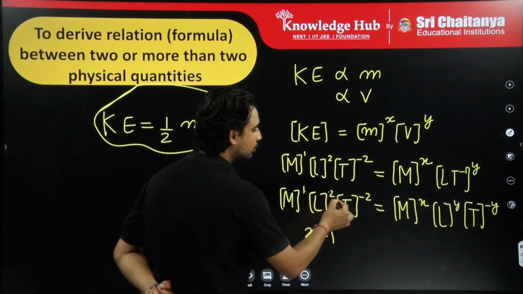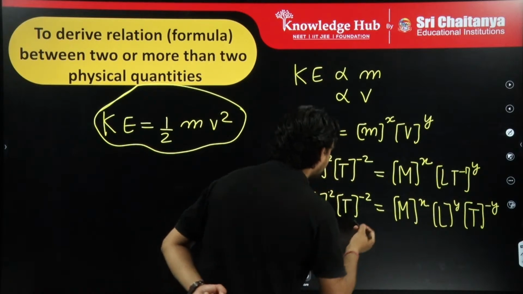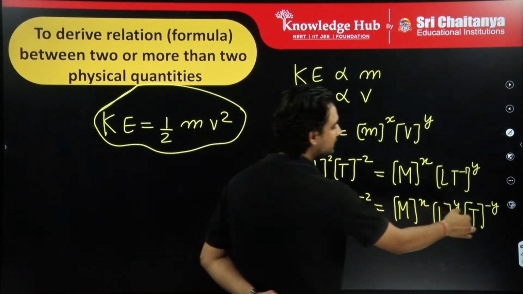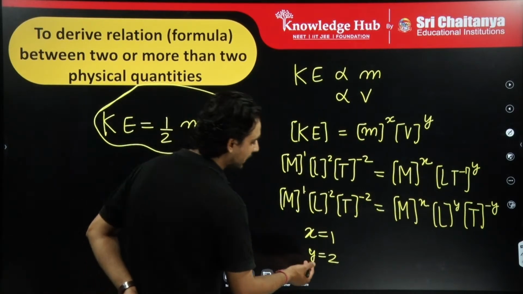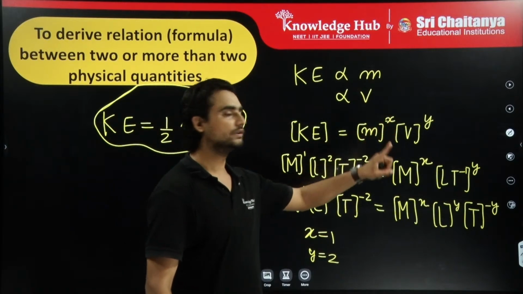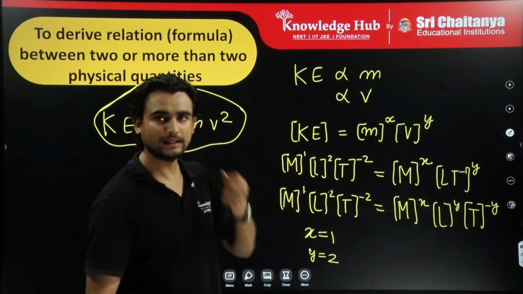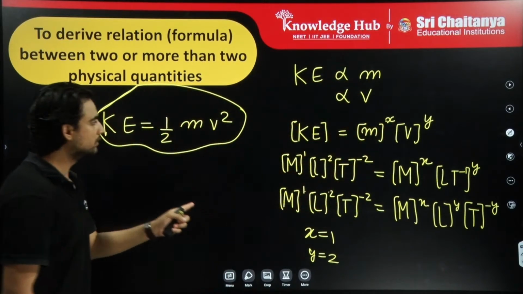L raised to 2 and L raised to y, so y equals 2. T raised to minus 2 and T raised to minus y, so y equals 2. So now what am I able to achieve? I get m raised to 1 and v raised to 2. From this intuition I can derive this formula.